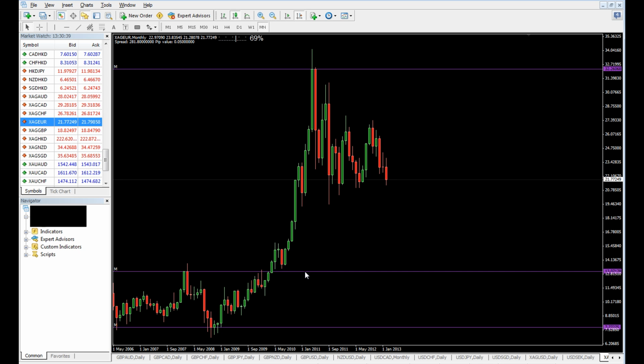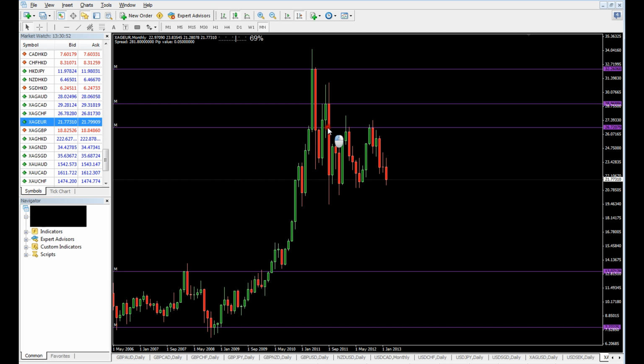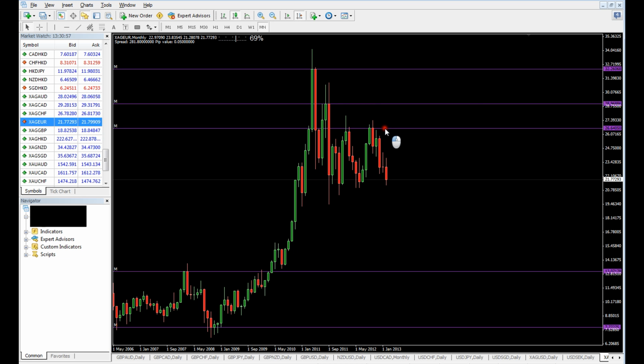Now let's place the next monthly level. I see a quite important swing right here, and then we see other levels. Now a quite important task is to identify the truly important levels.